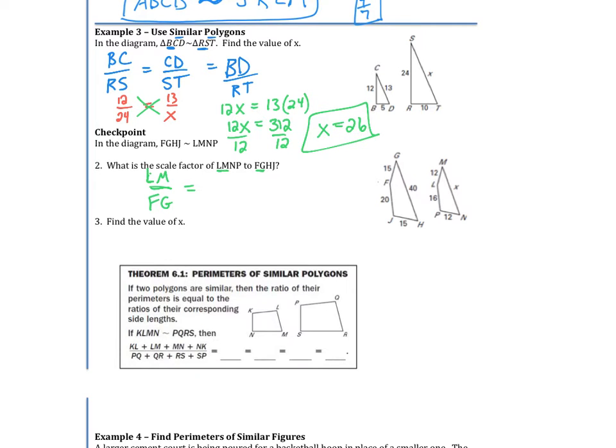LM is 12. FG is 15. When we reduce this, these are both divisible by 3. When we divide by 3, we would get 4/5. So 4/5 would be the scale factor.